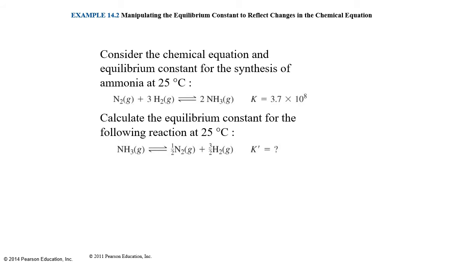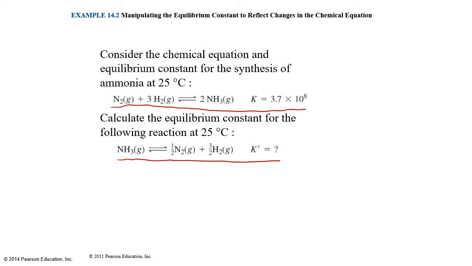Here's an example that we can look at. We're going to start with our original equilibrium expression for taking nitrogen and hydrogen and forming ammonia. And our goal is to find the new equilibrium constant when we reverse the reaction, but also divide by 2, or we can think about it as multiplying by 1/2.